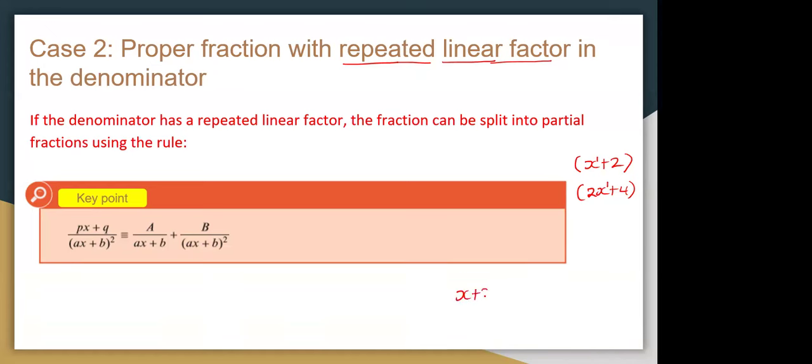By repeating, take an example. When I have (x + 2) squared, this means that x plus 2 is twice. So it means it's (x + 2)(x + 2). It is multiplied twice. And this is what we call repetition. In case I have (2x + 3) to the power 3, it means that this linear factor is going to be written 3 times: (2x + 3)(2x + 3)(2x + 3).